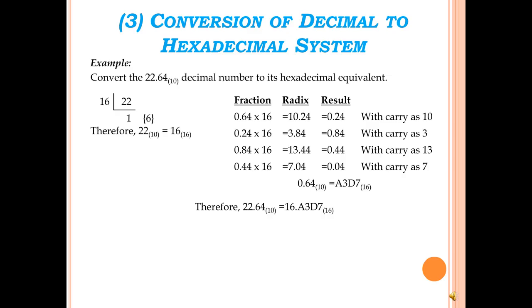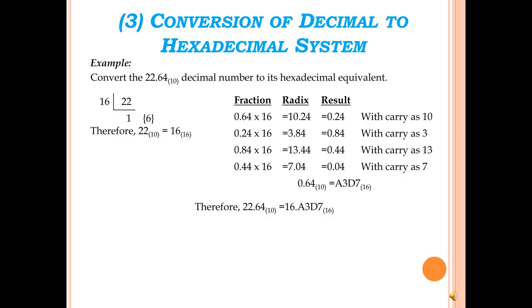Now the value after the dot, that is 64, gets fractionized. So 0.64 multiplied by 16 gives the answer 10.24. The remaining result is 0.24, so the number 10 gets carried out. Now 0.24 multiplied by 16 gives 3.84, whose result is 0.84, and the number 3 before the dot gets carried out.